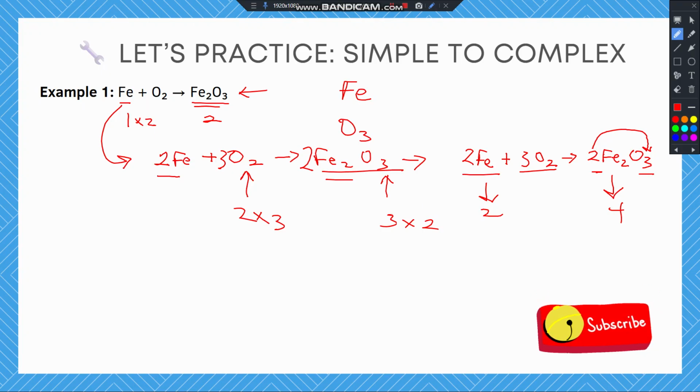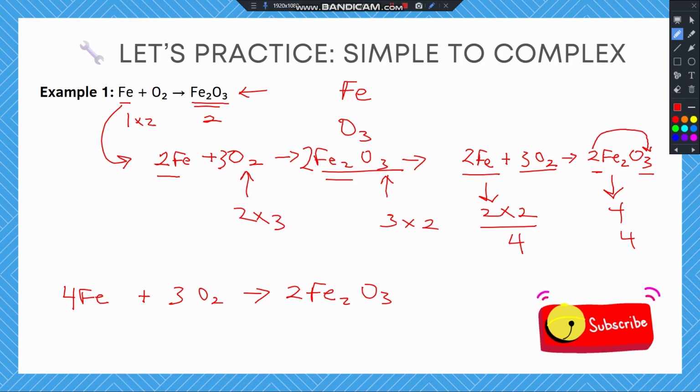We need to change this 2 to 4 by multiplying it by 2 so that there can be 4 on the left and 4 on the right. So doing that, our final equation now becomes 4Fe plus 3O2, giving us 2Fe₂O₃.